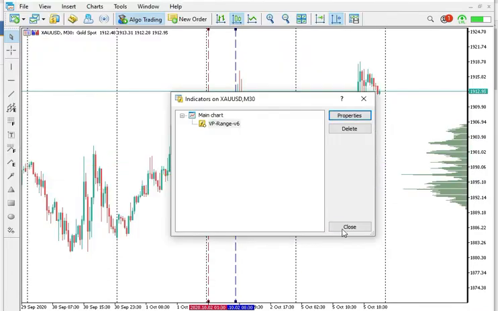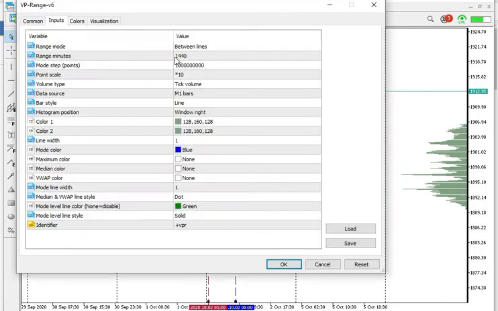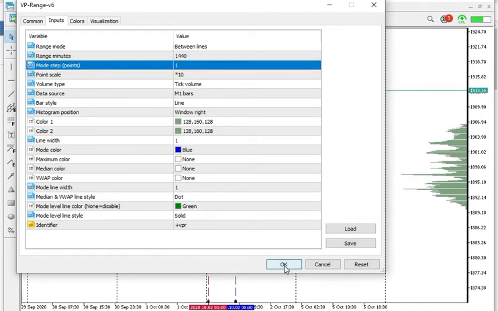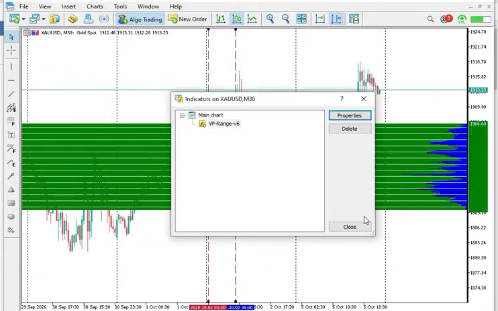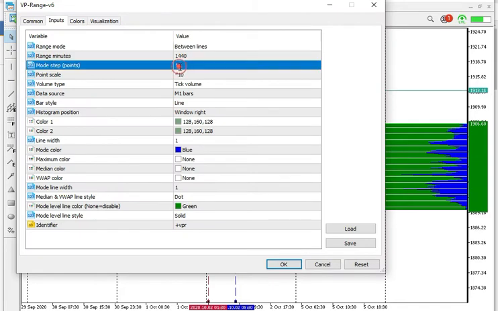Mode steps is like a rounding off factor. If you notice we had a lot of horizontal lines, now they've reduced, so we just want to pick the strongest support and resistance.